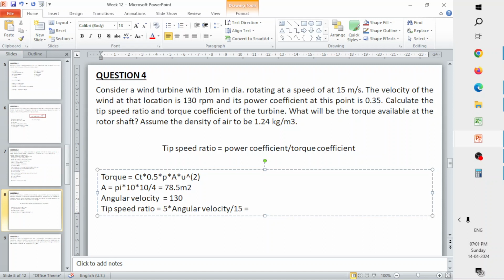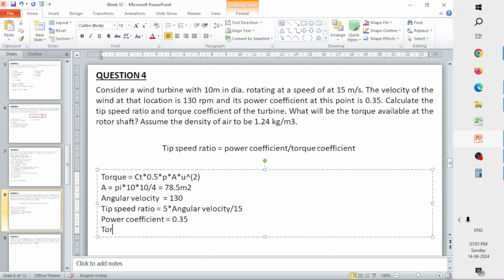So you know the power coefficient as 0.35, right? They are asking you to calculate the torque coefficient. So the torque coefficient will be power coefficient by tip speed ratio.